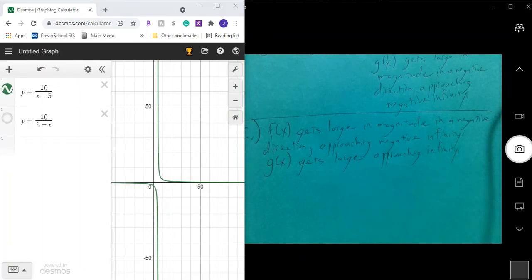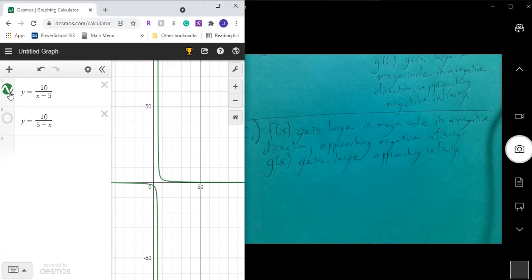Looking at this graph, remember we're approaching the vertical asymptote from the left. As we go from the left, on the f of x formula, the graph is going downward. So it is approaching negative infinity. And in magnitude, we're almost talking about the absolute value of it.